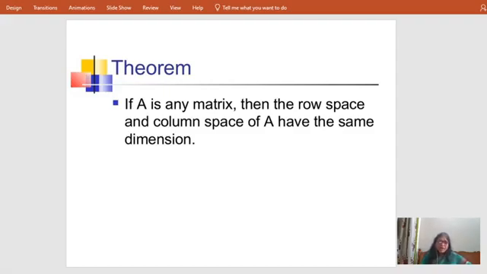Similarly, after finding the basis of the column space and counting its elements, you will get the dimension of the column space of A. And this theorem says that the dimension of the row space of any matrix and the dimension of the column space of any matrix is the same.